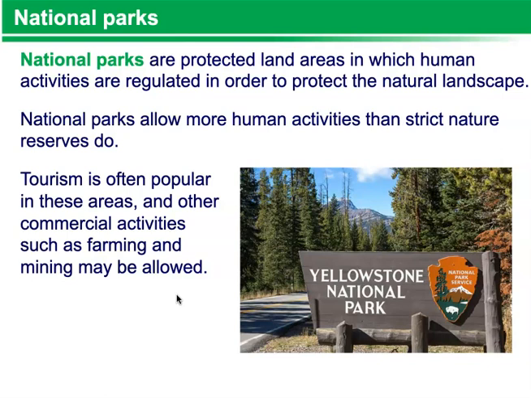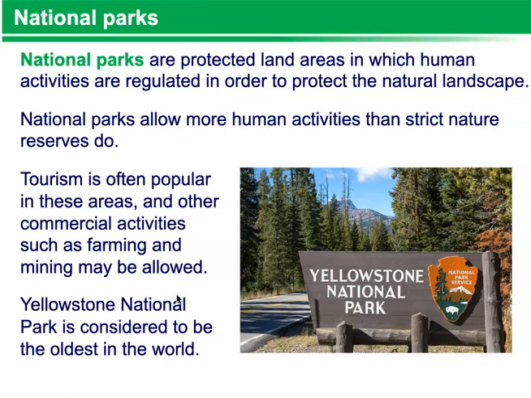Some national parks allow other commercial activities like farming and mining. However, there are very strict processes and permitting that allows for this to happen. Yellowstone National Park is considered to be the oldest national park in the world. The United States kind of set the framework for creating national park areas.